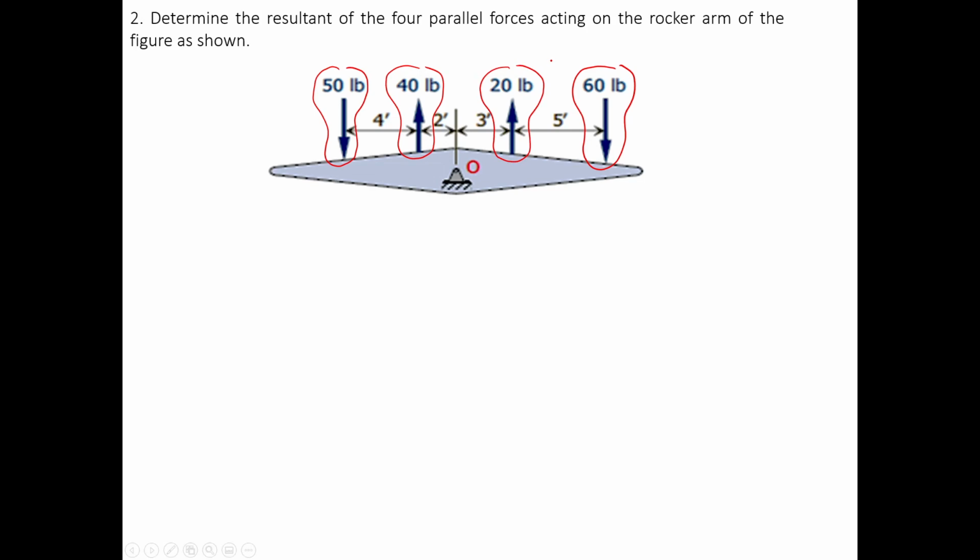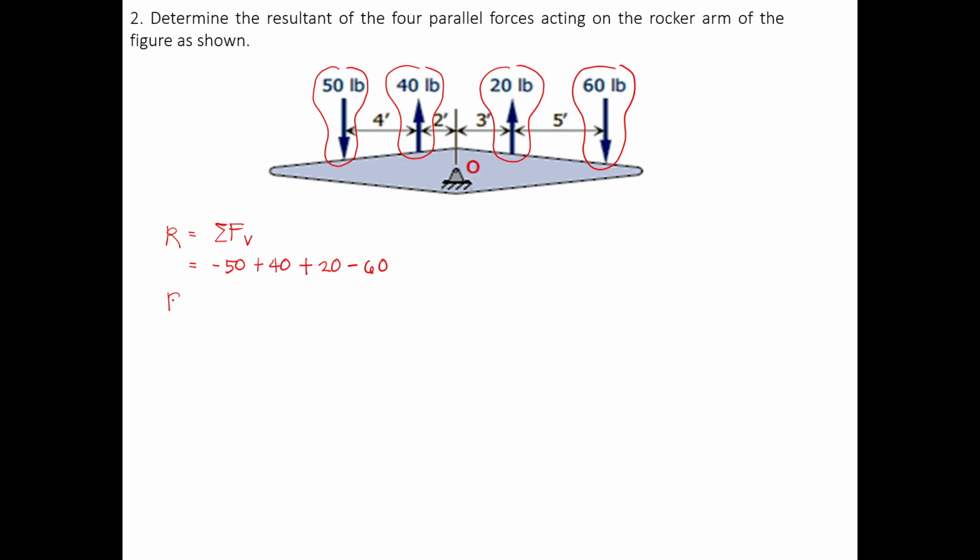So if you want to reverse the process, you can also solve first for the resultant vertical force, which is equal to the summation of vertical forces. You can also do this as your first method. So 50 will be negative 50 since it's going down, plus 40 going up, plus 20, and then minus 60 going down.